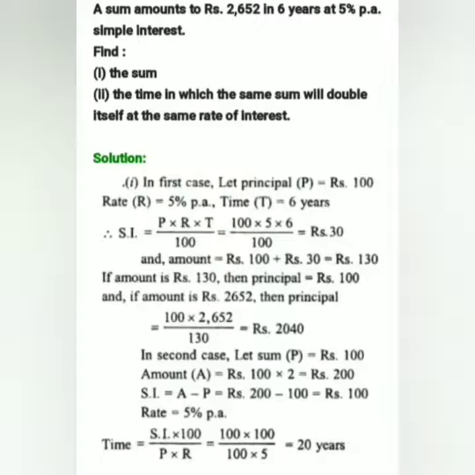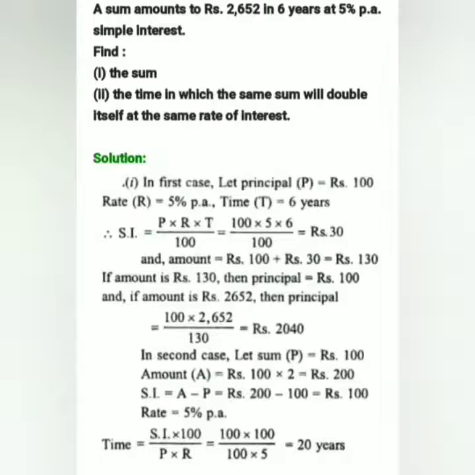When the amount is 2652, then the principal will be, by applying the unitary method, 100 into 2652 divided by 130. After doing all the calculation, we'll be getting rupees 2040 as our principal. Now we have found the value of the principal.